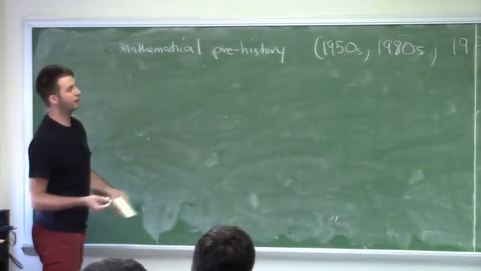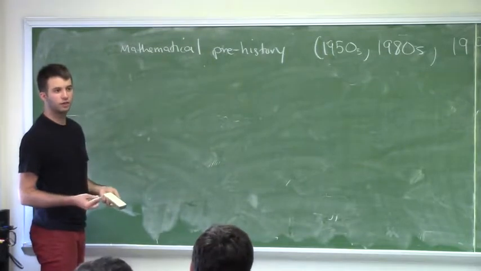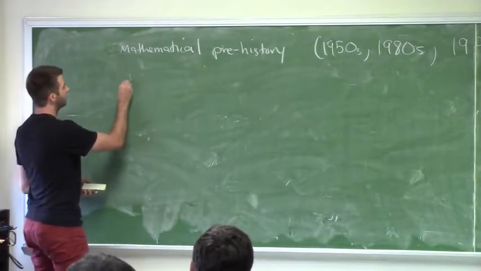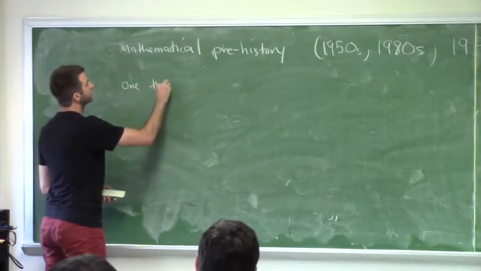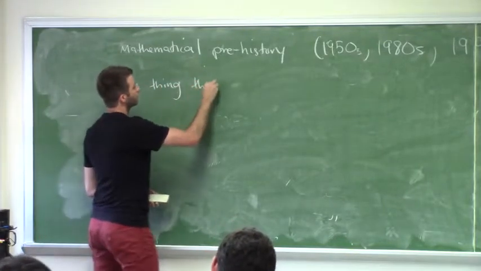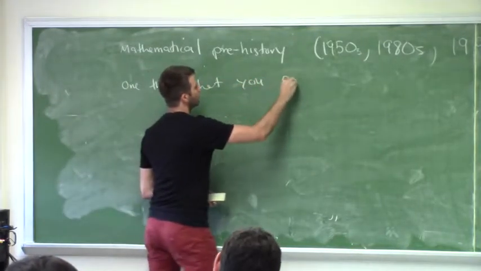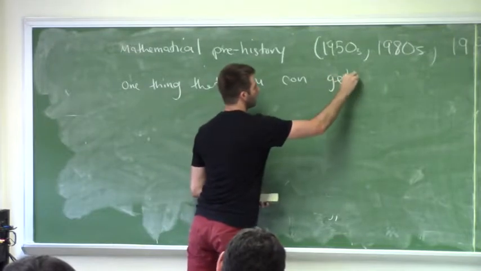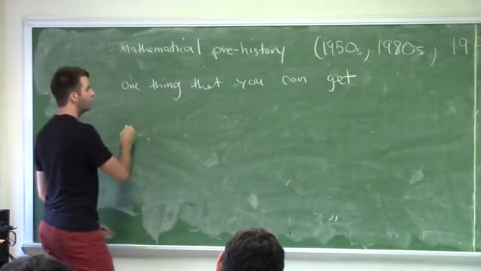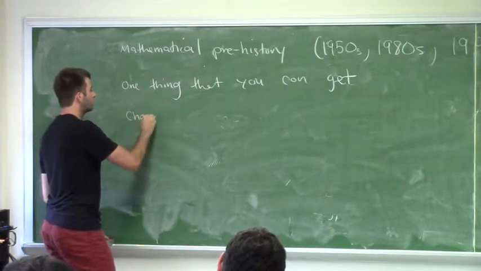Okay, so let me just show you one thing that you can get out of having this localization theorem. And it's called the characteristic cycle.